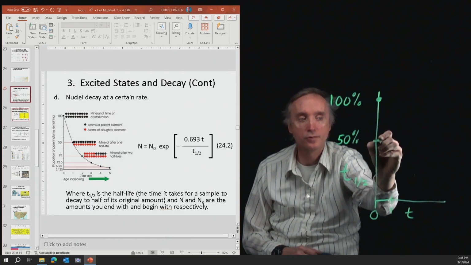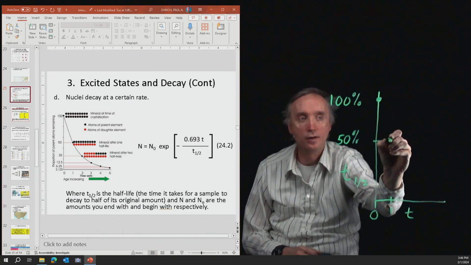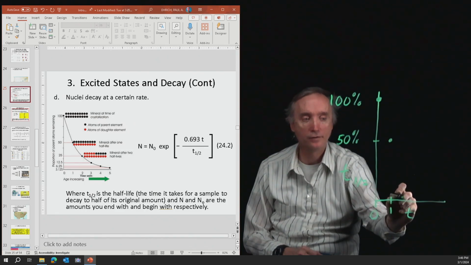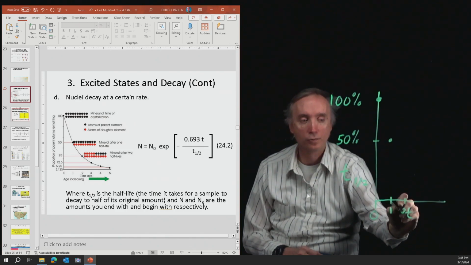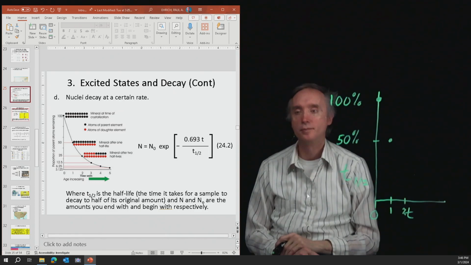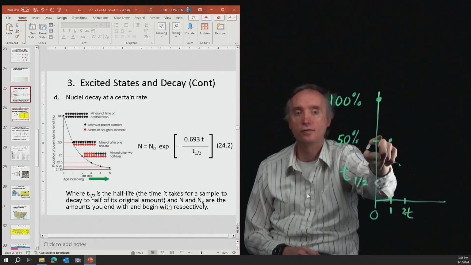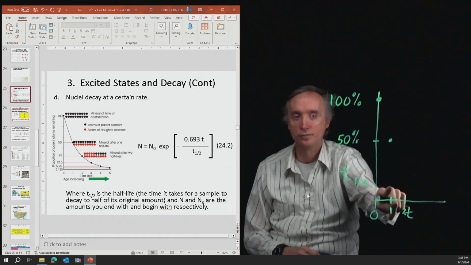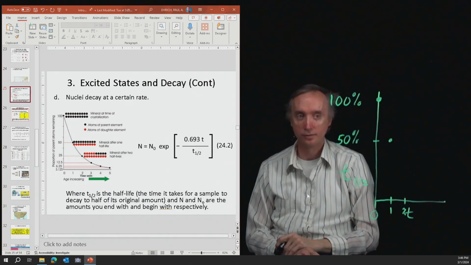So this is 50%, so we'll go over to here and we'll put another dot. And then at the end of two half-lives, we're down to 0, right? Because if you lost 50% the first time, then you lose 50% the second time. So 50 plus 50 is 100.